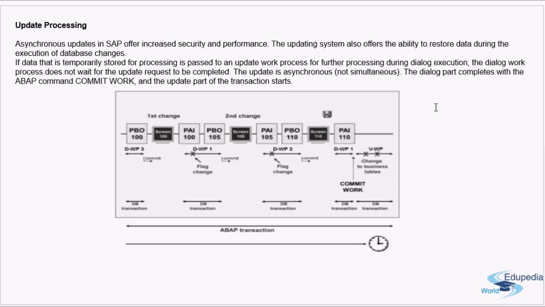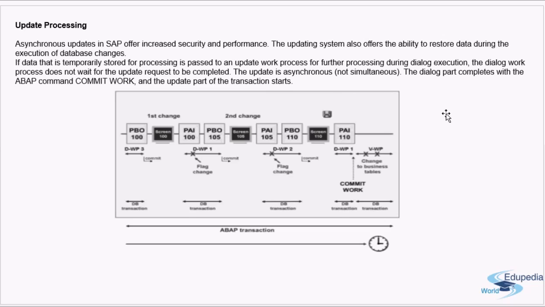If data that is temporarily stored for processing is passed to an update work process during the dialog execution, the dialog work process does not wait for the update request to be completed. The update is asynchronous, not simultaneous. The dialog part completes with the ABAP command COMMIT WORK, and the update part of the transaction starts.